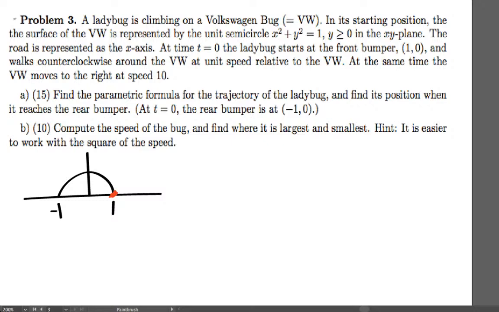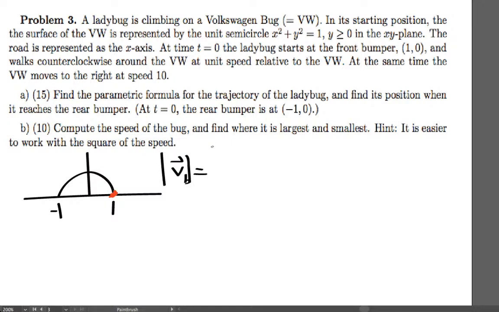So I would say this bug actually travels at a constant speed. How are we going to write this? I would say the absolute value of the velocity of the bug. Why?